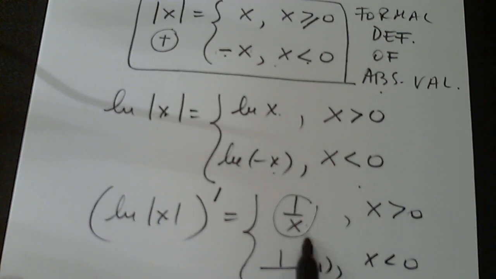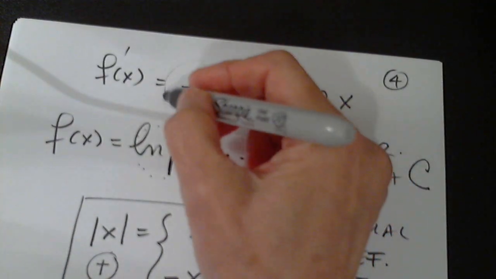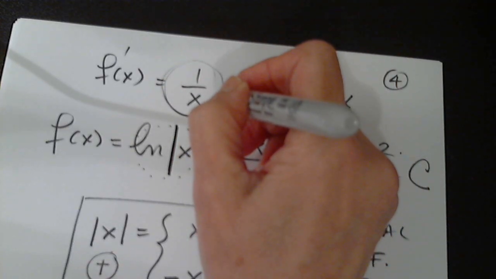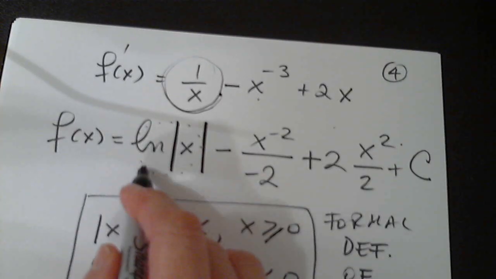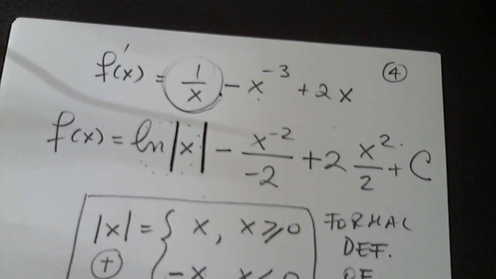When I differentiate this, I get 1 over x. When I differentiate this, I also get 1 over x. So please remember, when we're asked to find the antiderivative of 1 over x, we have to write natural log of the absolute value of x. Any questions?